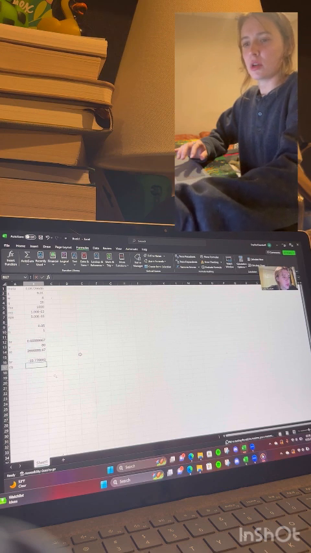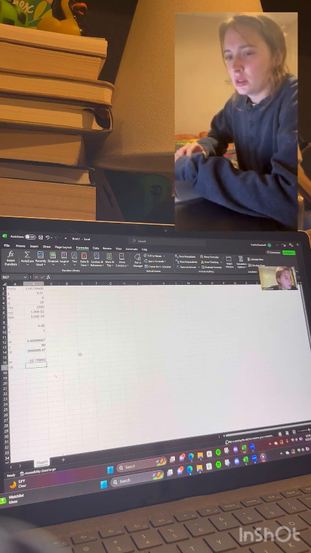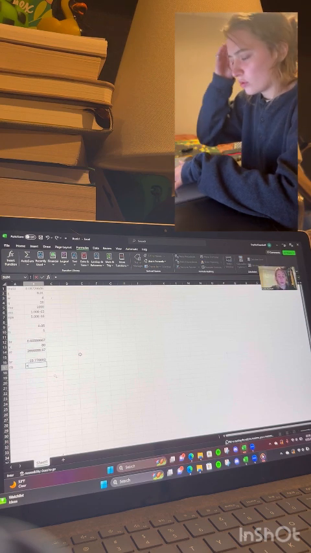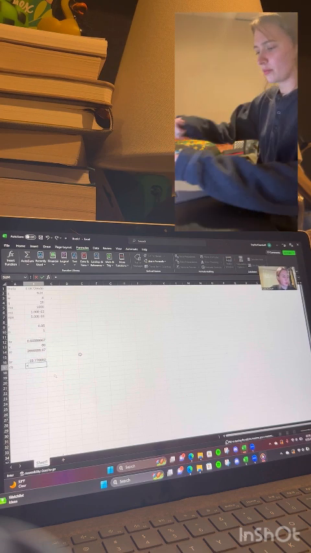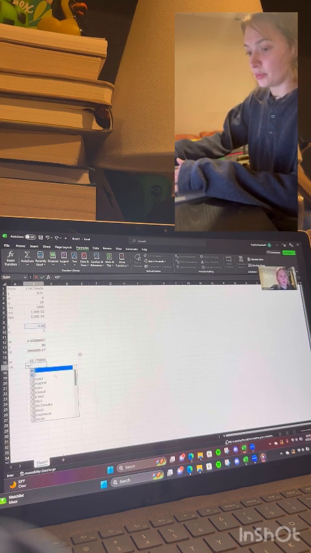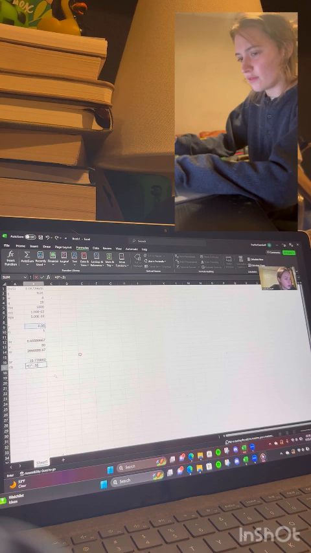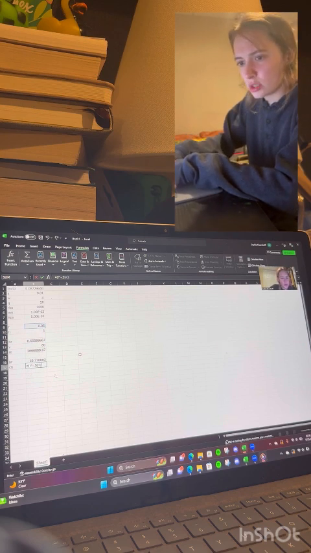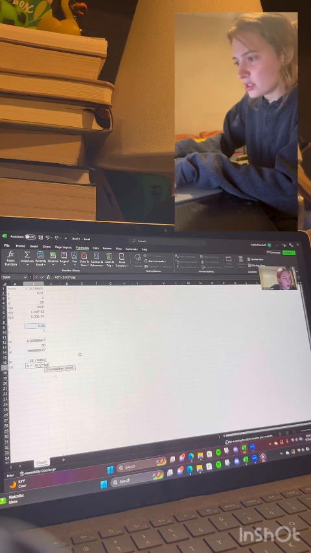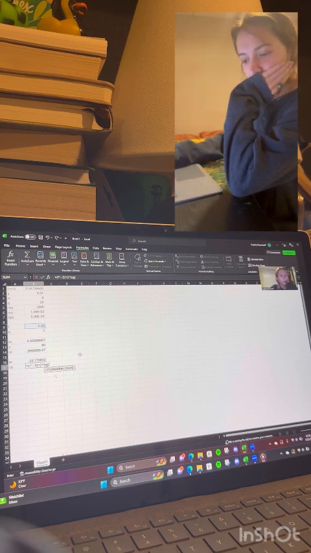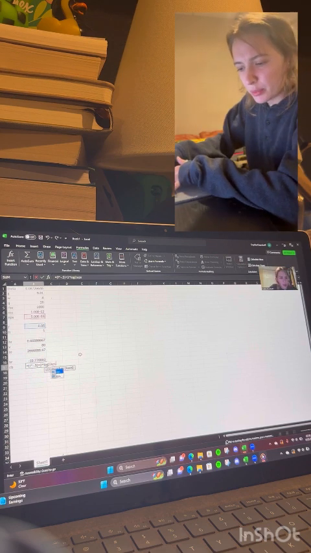All right, so then Colebrook, this one is going to be equals, again with our parentheses, I'm going to do F to the negative 0.5, the inverse square root, plus 2 times log of, how many parentheses do I need here?